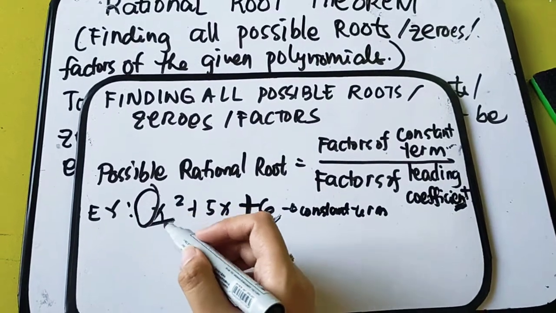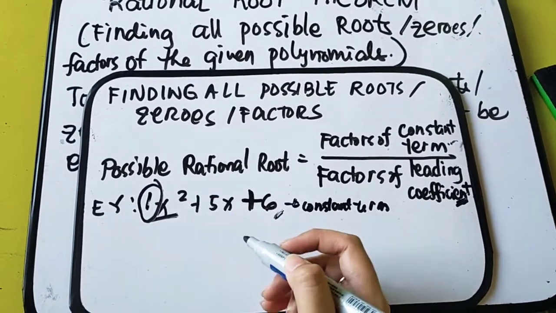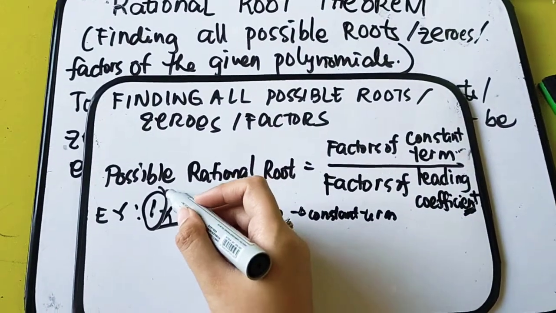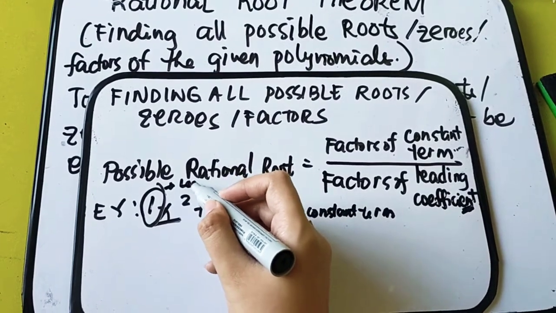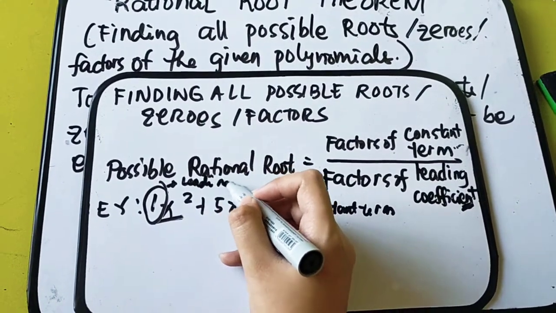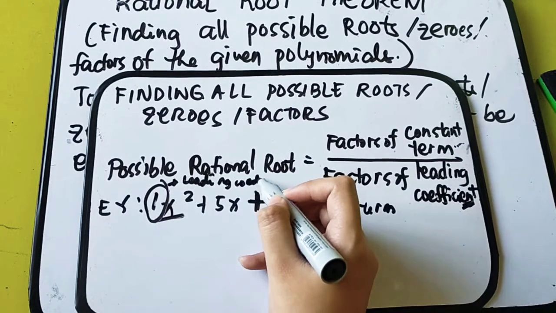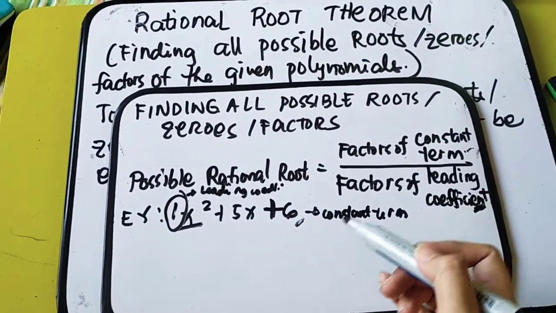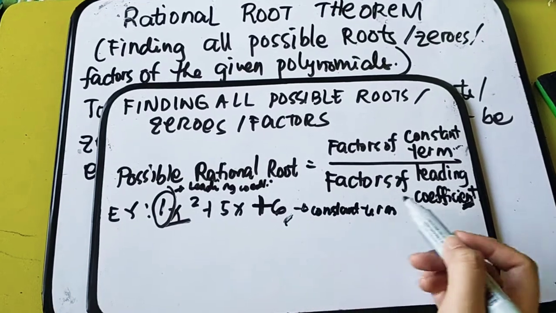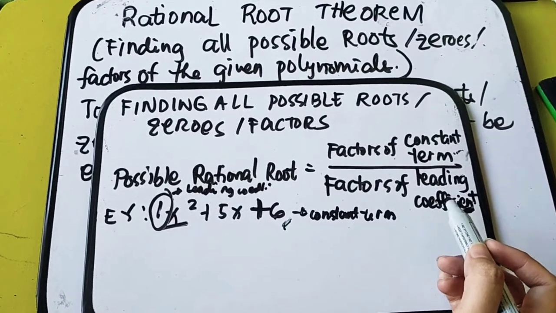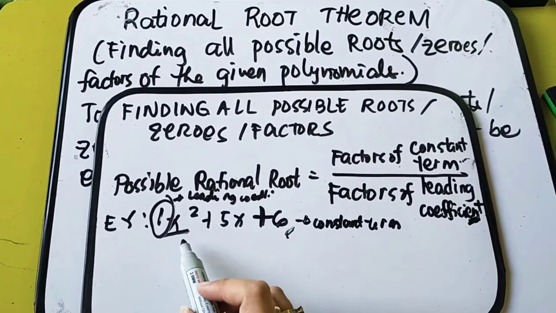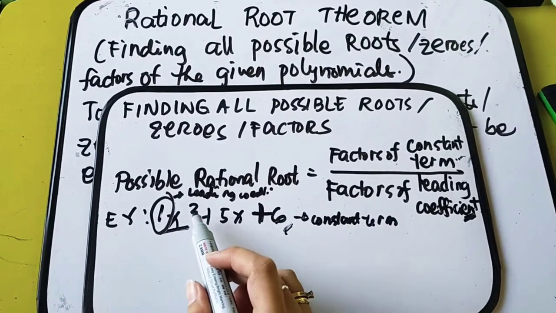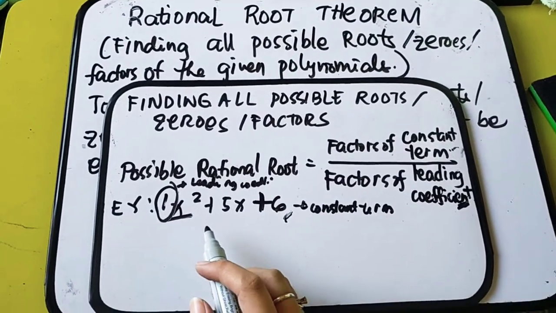Since wala kang nakikita dyan, that is an invisible 1. Alright? So, si 1, that is your leading coefficient. Naintindihan? Ulit, si constant term, the number without a variable, then si leading coefficient, the numerical coefficient with the highest degree exponent.